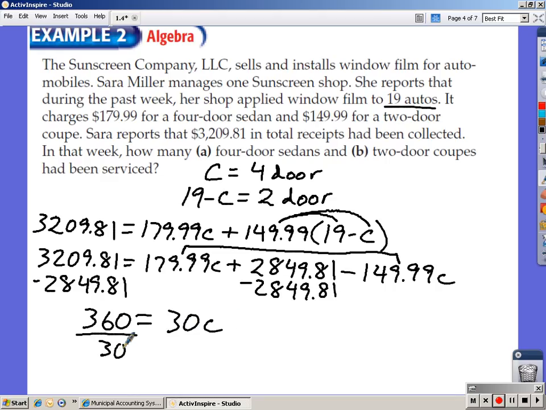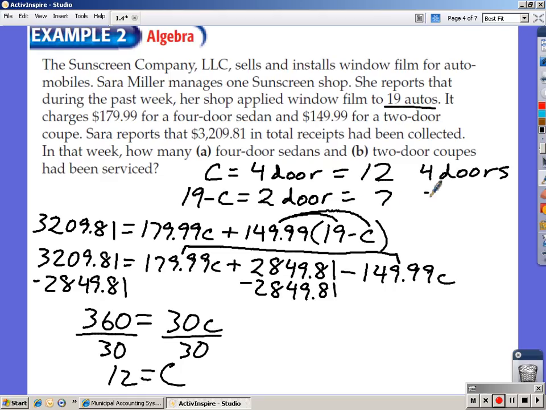Divide both sides by 30. 360 divided by 30. 12 equals C. Therefore, we did 12 four-doors. And 19 minus C, 19 minus 12 is 7. We did 7 two-door cars. All right?